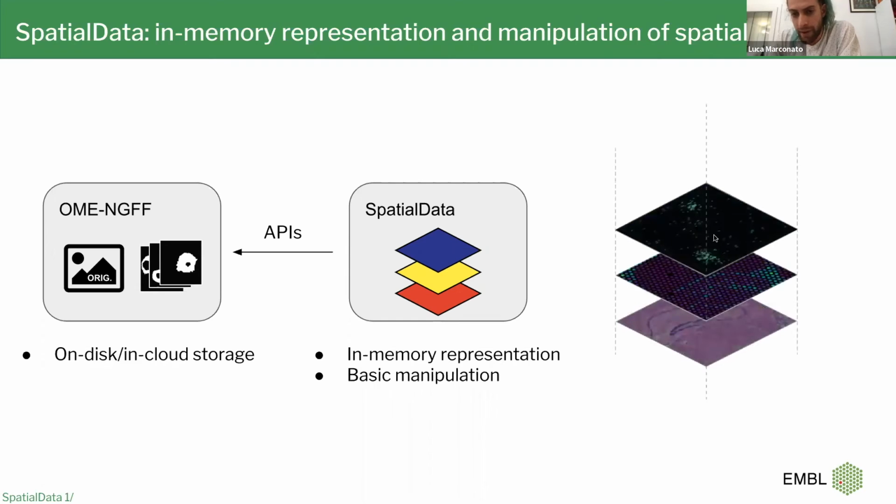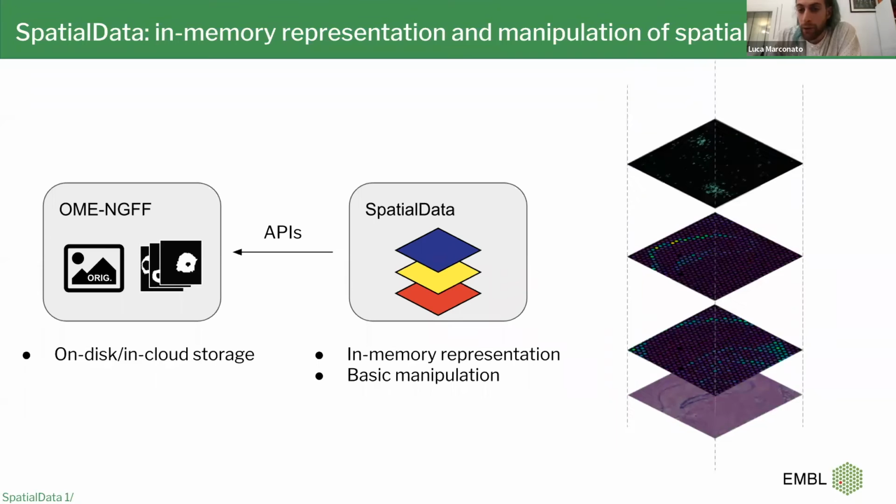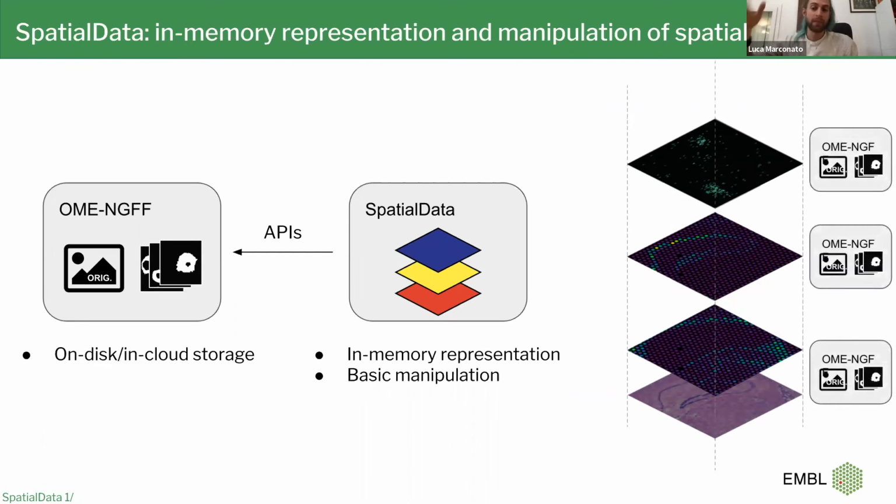Let's consider the example I showed you before of these three aligned layers of different building blocks. And the spatialdata format doesn't just limit to three. As a user, you can stack on top as many aligned layers as you want. You can decide to split them in memory into different blocks, and also you can decide to split them into different files. So you're not forced into one single monolithic object containing everything.